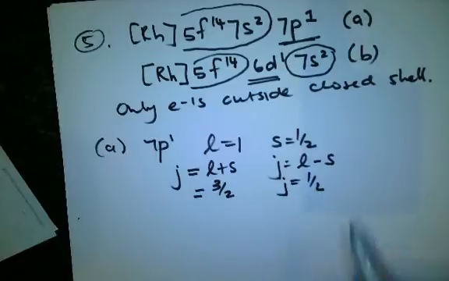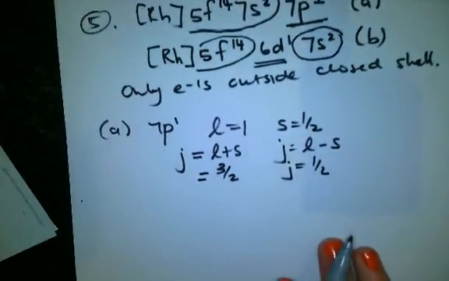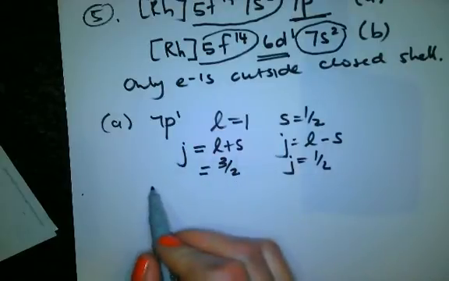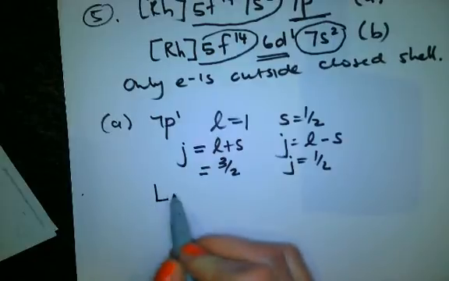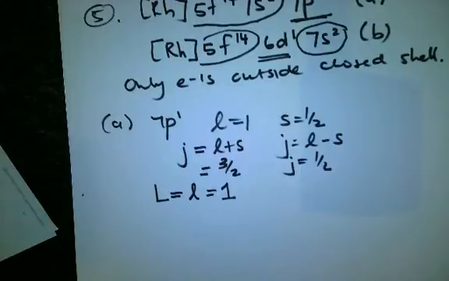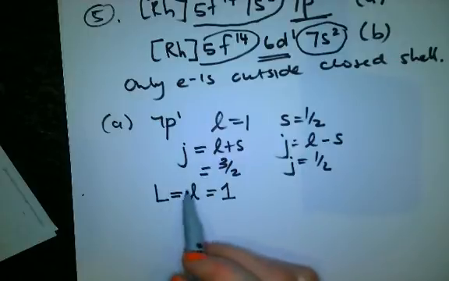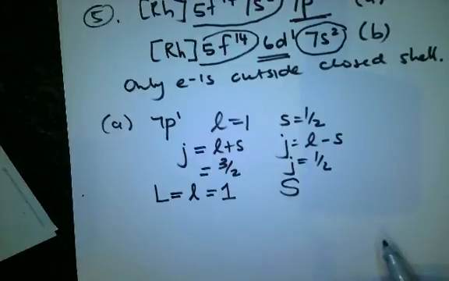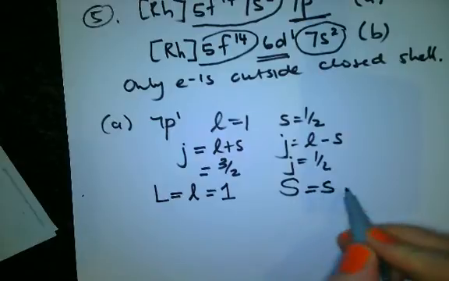If we want to determine the term symbols for a one electron system, we know that the following is true. The total orbital angular momentum L is equal to the orbital angular momentum quantum number. The same goes for the total spin angular momentum, S, which is equal to a half.